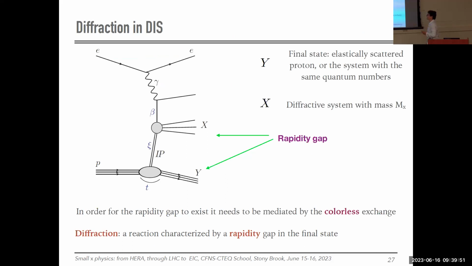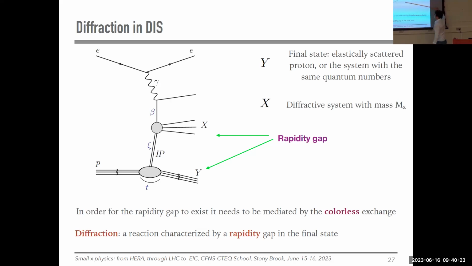So the rest of my time I want to spend on diffraction in deep inelastic scattering, because this is also a process that is closely related to saturation and low x dynamics. And there you are looking at your incoming photon, and then this is your proton, and then here, this is the exchange of this pomeron, and then here you have no radiation.